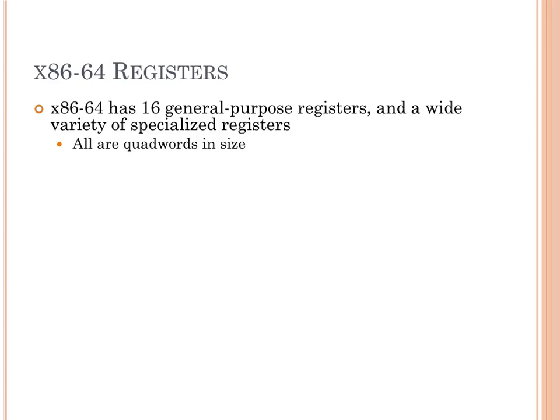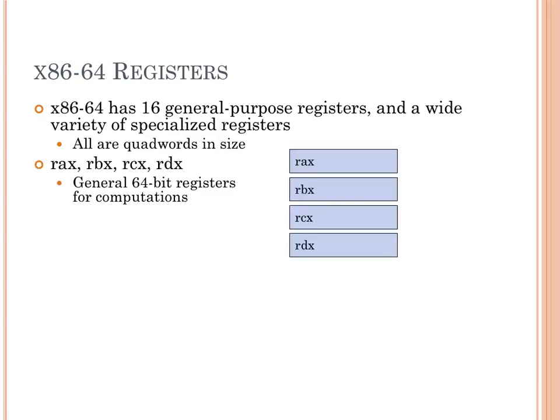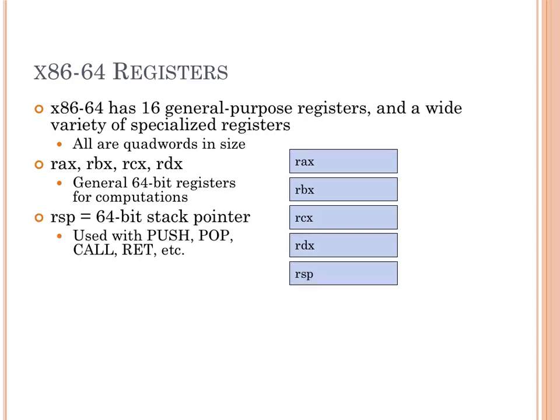Okay, so registers. We have a whole bunch of registers that we can use, and they're all quad words. So we have RAX through RDX. Again, why do we have these named RAX through RDX rather than R0, R1, R2, and R3? Well, because whoever designed it thought it was a good idea. RSP is the stack pointer, so this is what stack operations leverage.